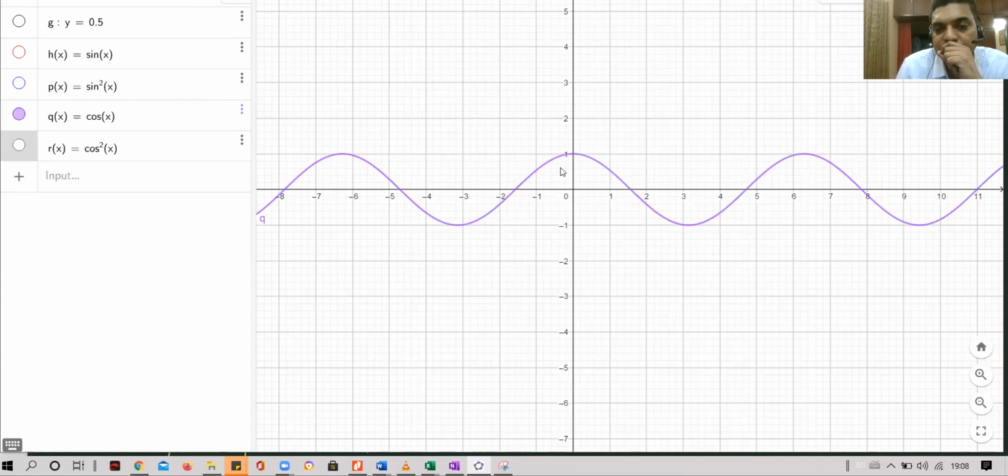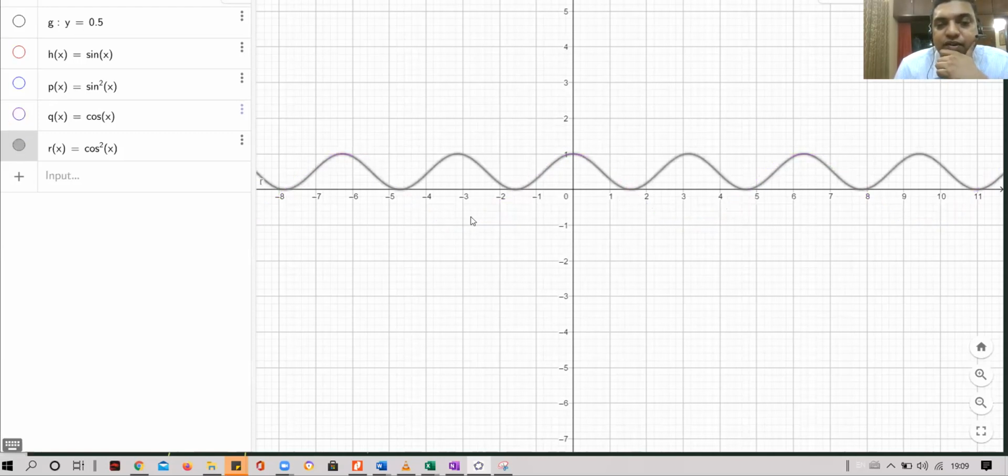So cos x repeats every 2 pi. This is 0, this is pi by 2, this is pi, this is 3 pi by 2, and this is 2 pi, 6.28 roughly. So the whole curve pattern repeats every 2 pi. So the period is 2 pi.